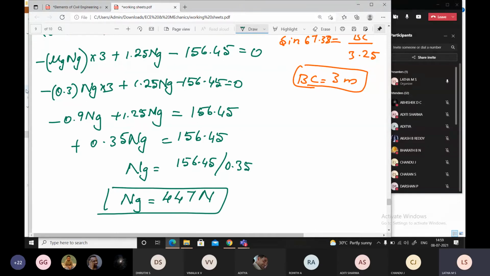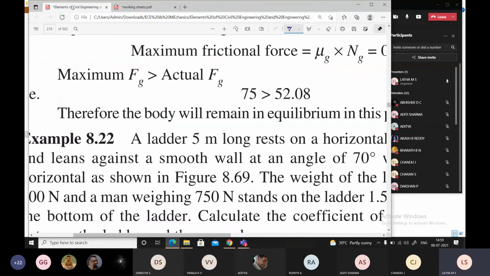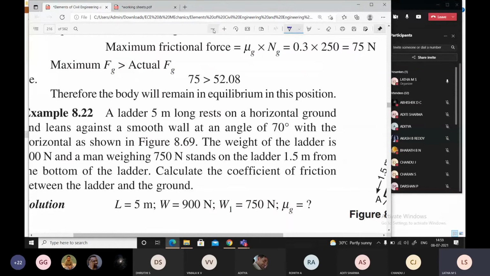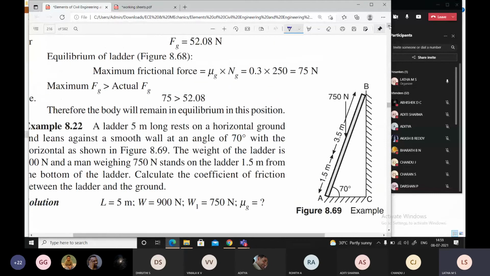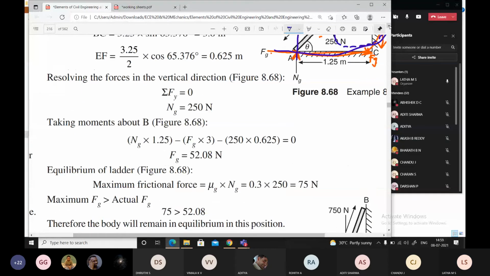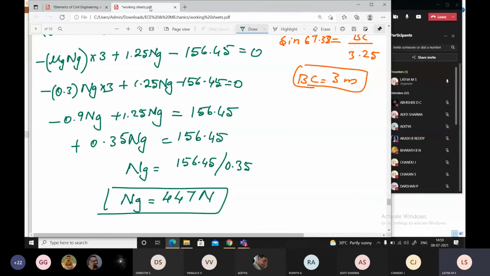Yes or no? Here it is showing very minimal value. It's the same problem, right? Ng, is this correct? The answer is correct, students? Yes, ma'am. Okay, fine. Doesn't matter, there will be a mistake.